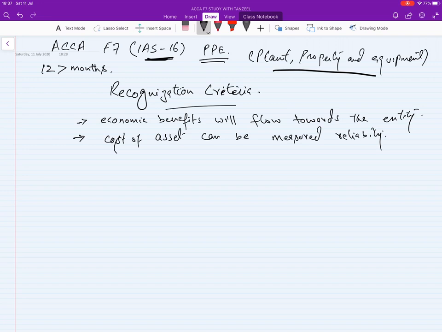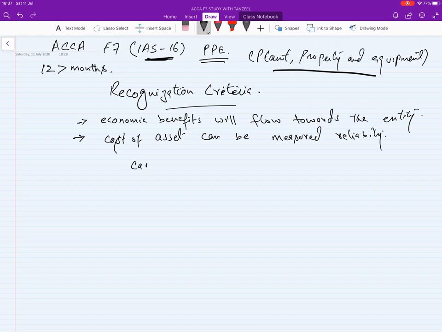Let me give you an example. If you have a plant, a car, or a building, then you can consider it as your PPE, as your asset, and it will be covered under IAS 16.